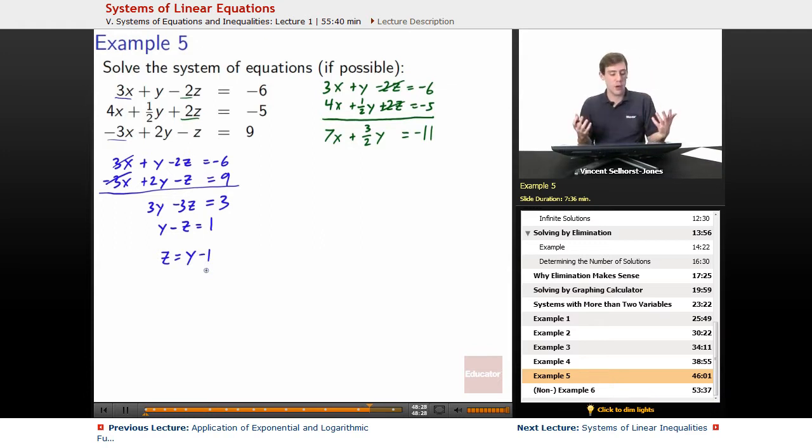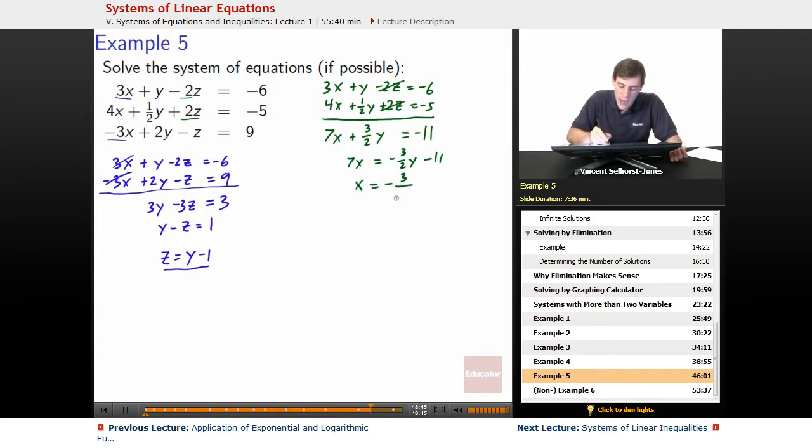We subtract y, then multiply by negative 1 on both sides. z equals y minus 1. And over here, we can get what x is equal to: 7x equals negative 3/2 y minus 11, or x equals negative 3 over 14 y minus 11 over 7, dividing by 7.